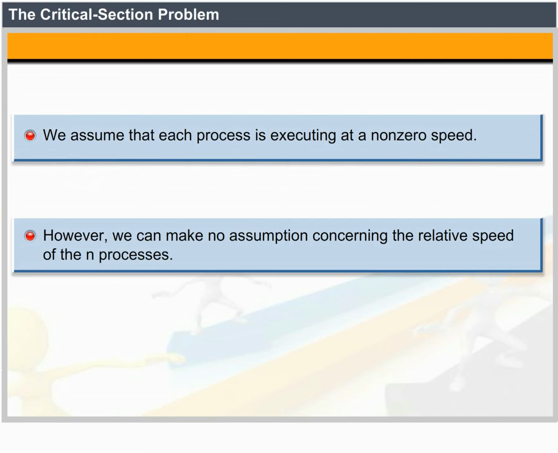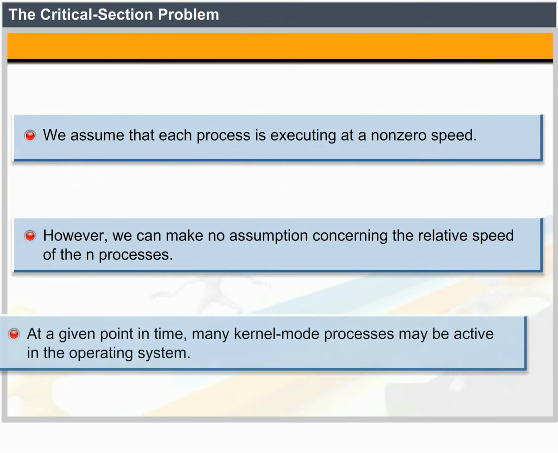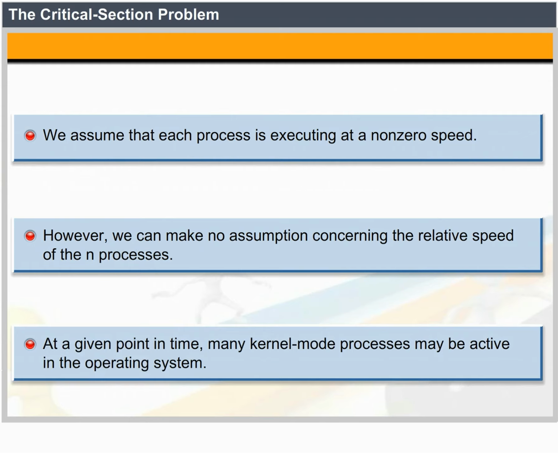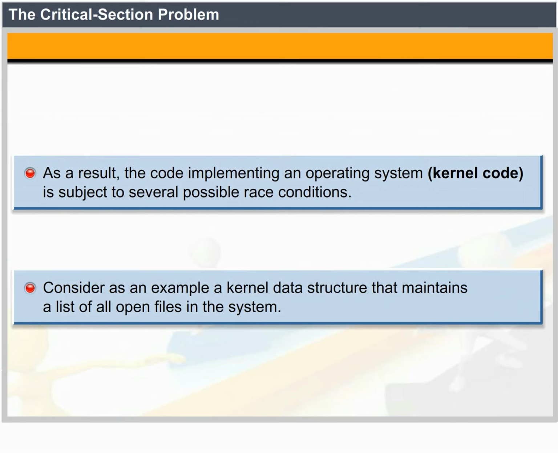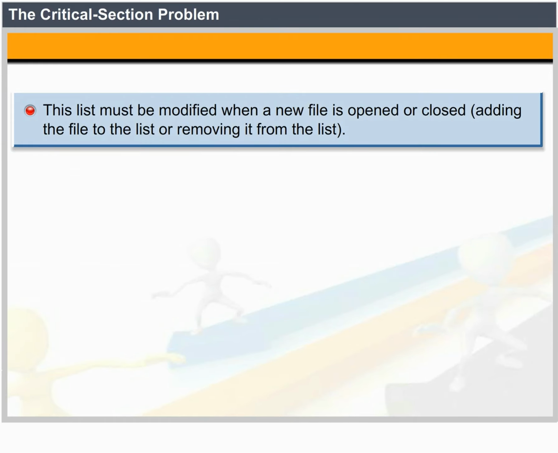At a given point in time, many kernel mode processes may be active in the operating system. As a result, the code implementing an operating system, kernel code, is subject to several possible race conditions. Consider as an example a kernel data structure that maintains a list of all open files in the system. This list must be modified when a new file is opened or closed, adding the file to the list or removing it from the list.